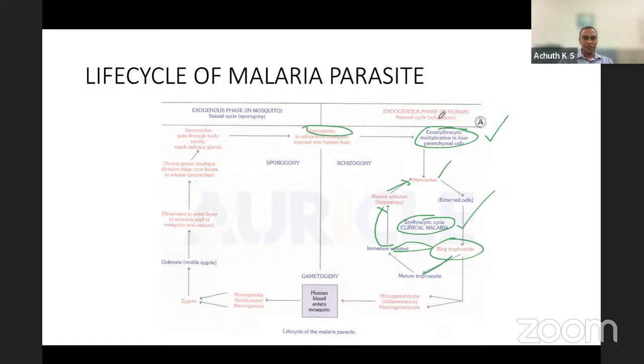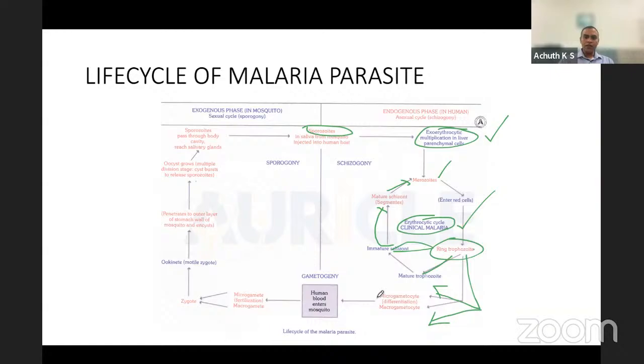So there's multiplication here also, and there is maturation here. Now, this ring trophozoite can differentiate into two, that is microgametocytes and macrogametocytes. These are required for the sexual phase of the parasite.